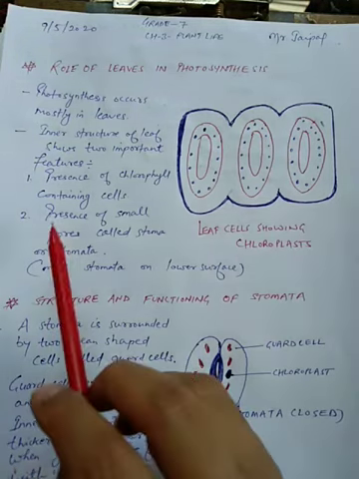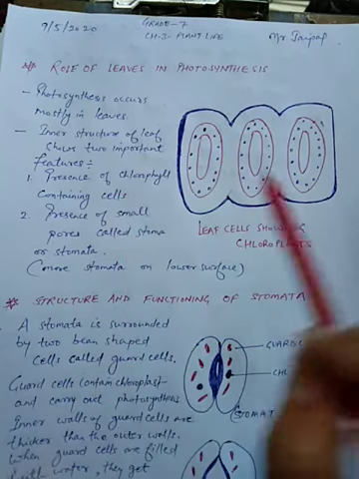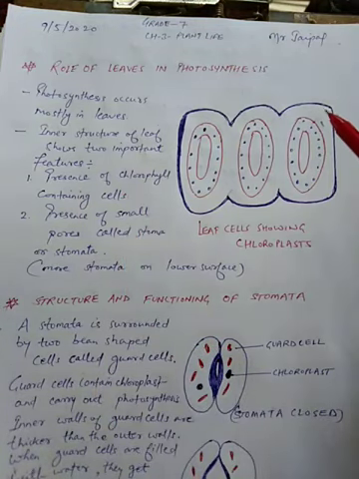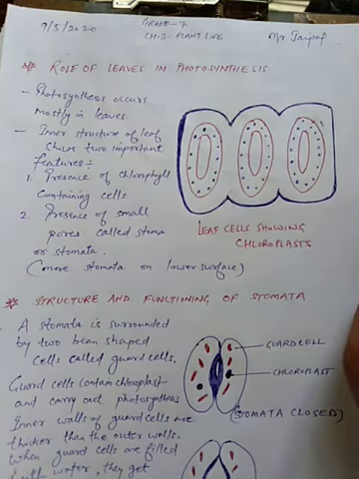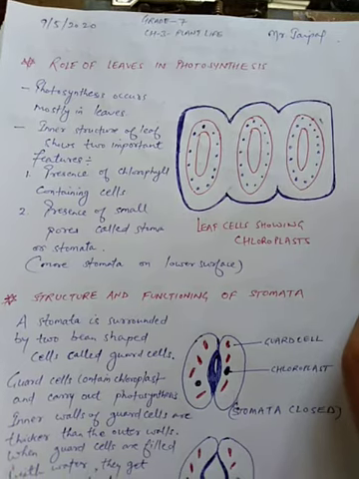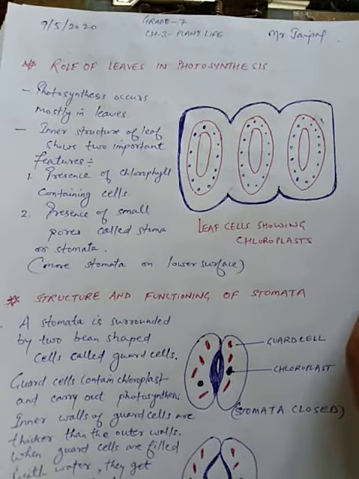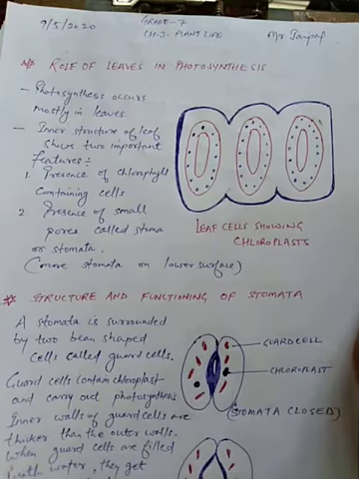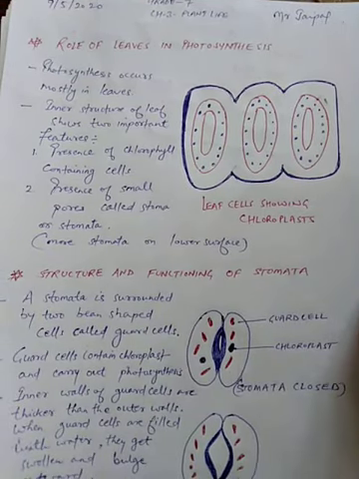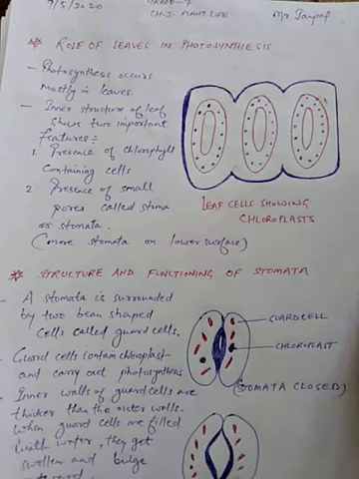First is the presence of chlorophyll-containing cells, so it contains cells which contain chloroplast. Second is the presence of pores which are known as stoma or stomata. One thing should be clear to you: the number of stomata is greater on the lower surface of leaves as compared to the upper surface.